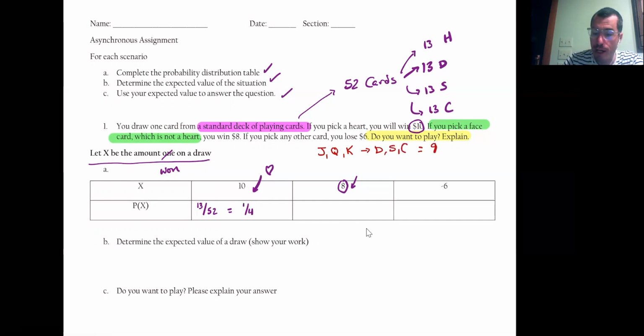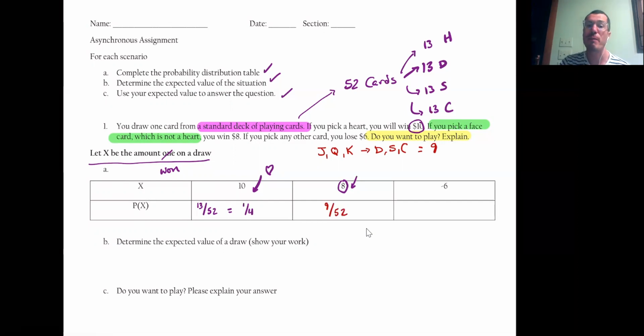In total, I have 9 cards that fit that category: Jack, Queen, King of diamonds, of spades, and of clubs. Keep in mind that we're not considering the Jack, Queen, King of hearts, because if I got a heart, I would have won that $10. So here I've got 9 out of 52.